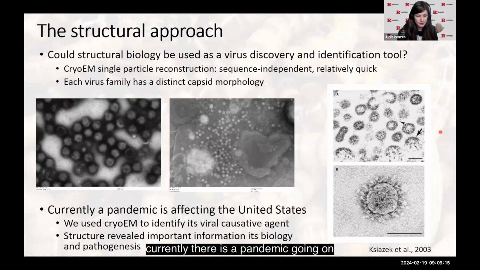So currently, there is a pandemic going on in the United States, but not in humans. This actually affects superworms, and we thought that we could take this approach even one step further. We could use cryo-EM and 3D image reconstruction to identify the causative agent of this pandemic.